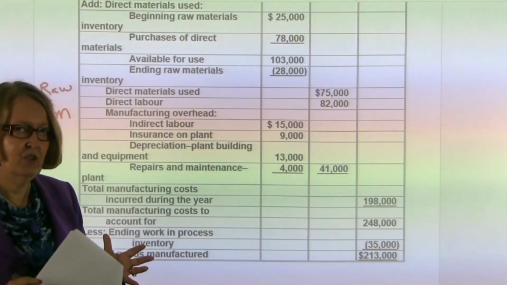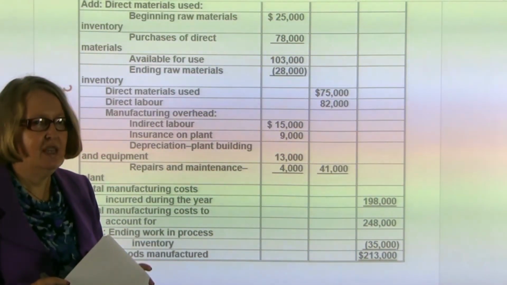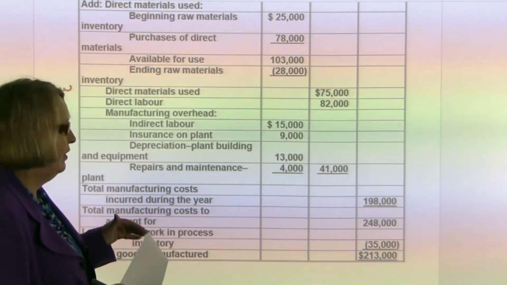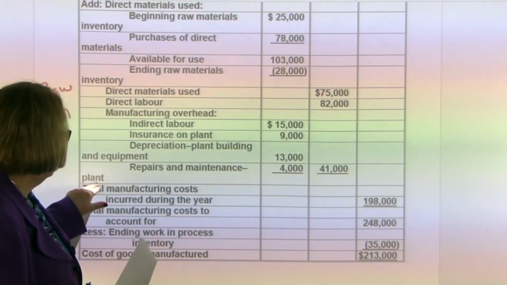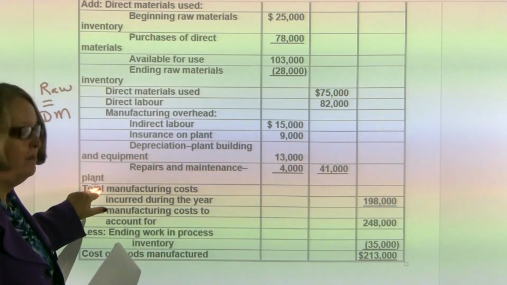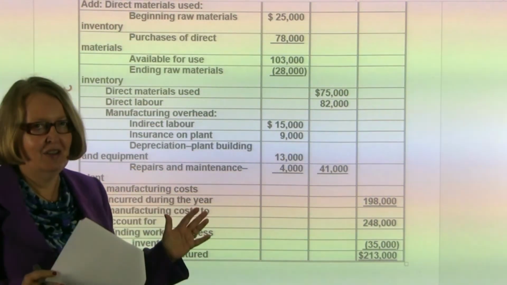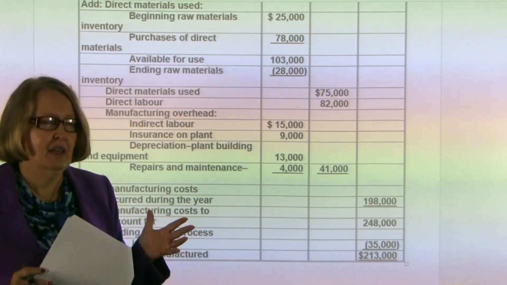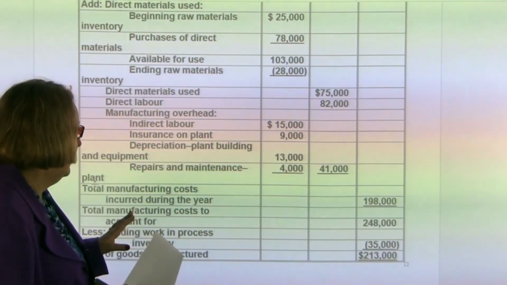So what you're trying to do is identify all of the costs that you need to operate that building where your product is being manufactured. And repairs and maintenance, so you only want to pick up repairs and maintenance on the plant. If you have repairs and maintenance on your administration building or your head office, you wouldn't include that here.